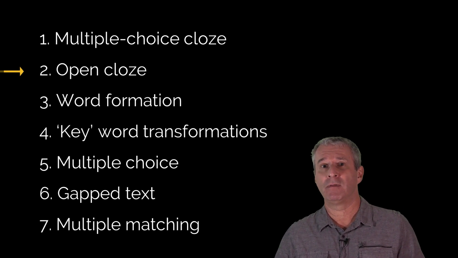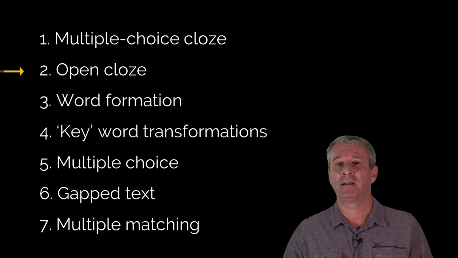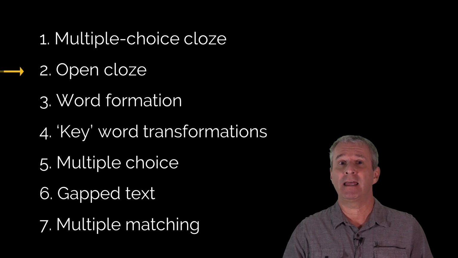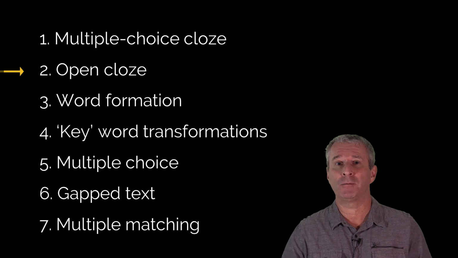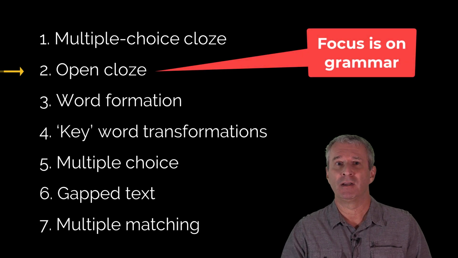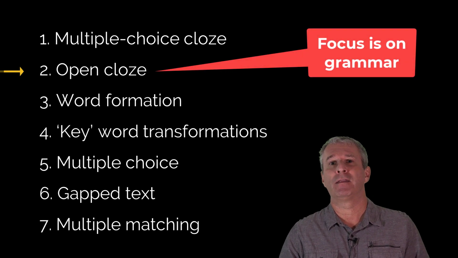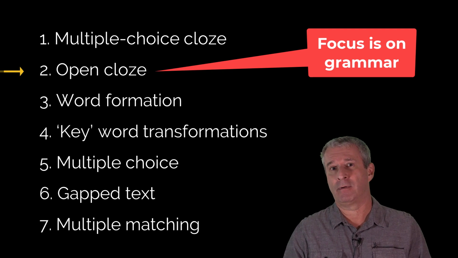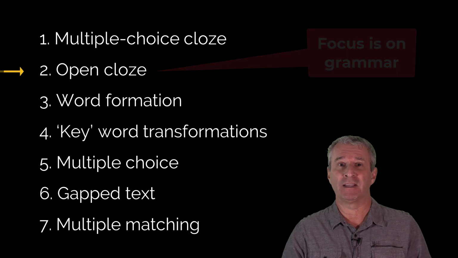In part 2, the open cloze, you have 8 gaps in a text and you have no options, no choices. You write one word that fits each gap, and the focus is more on grammar in this part.